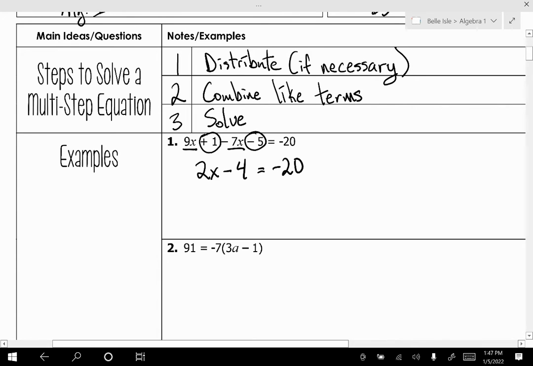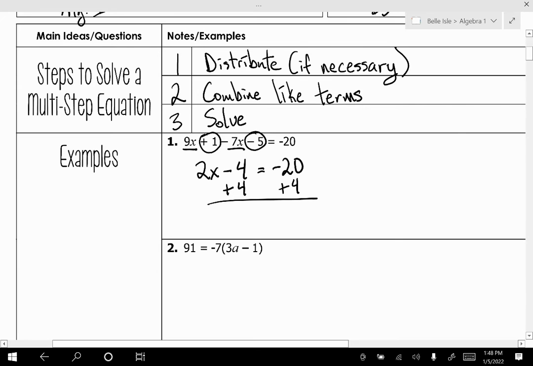Okay, so what's our first step? It's been a while. Okay. Yeah. So we're trying to isolate the variable. So we're trying to get x by itself. So we're going to move things away from the variable.